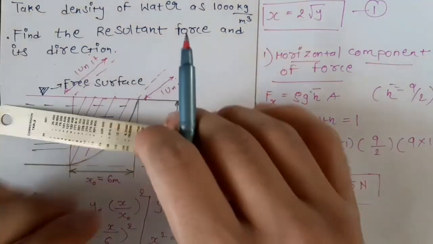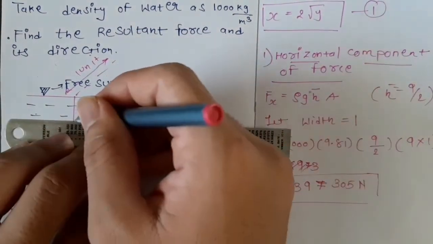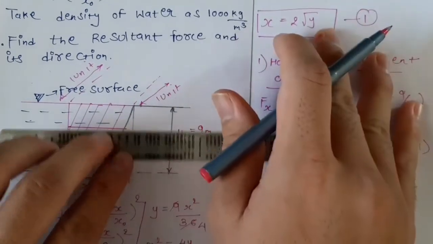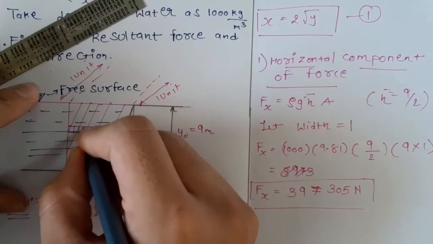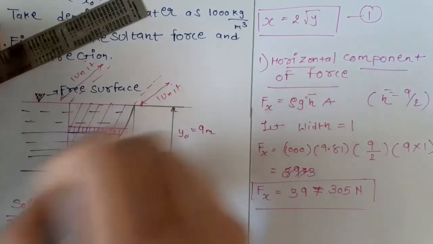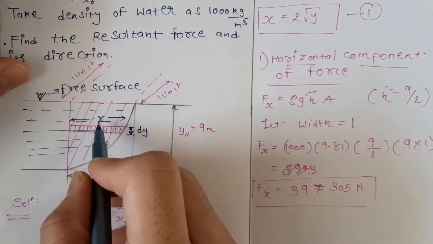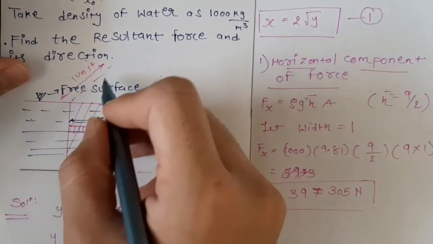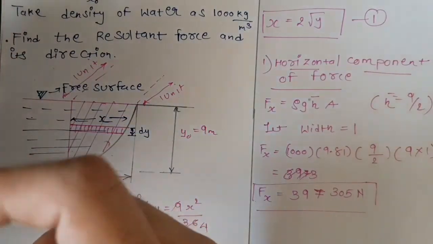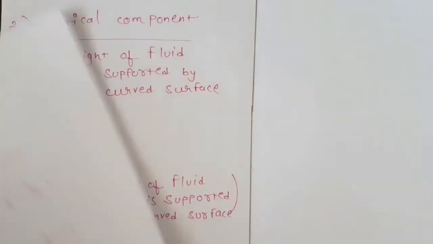So for calculating the area of this shaded part, we will take a strip which is horizontal. So this is the horizontal strip. The length of this strip will be x and the height will be dy, and its thickness, as we had taken, is 1 unit. So what is the volume of this strip?